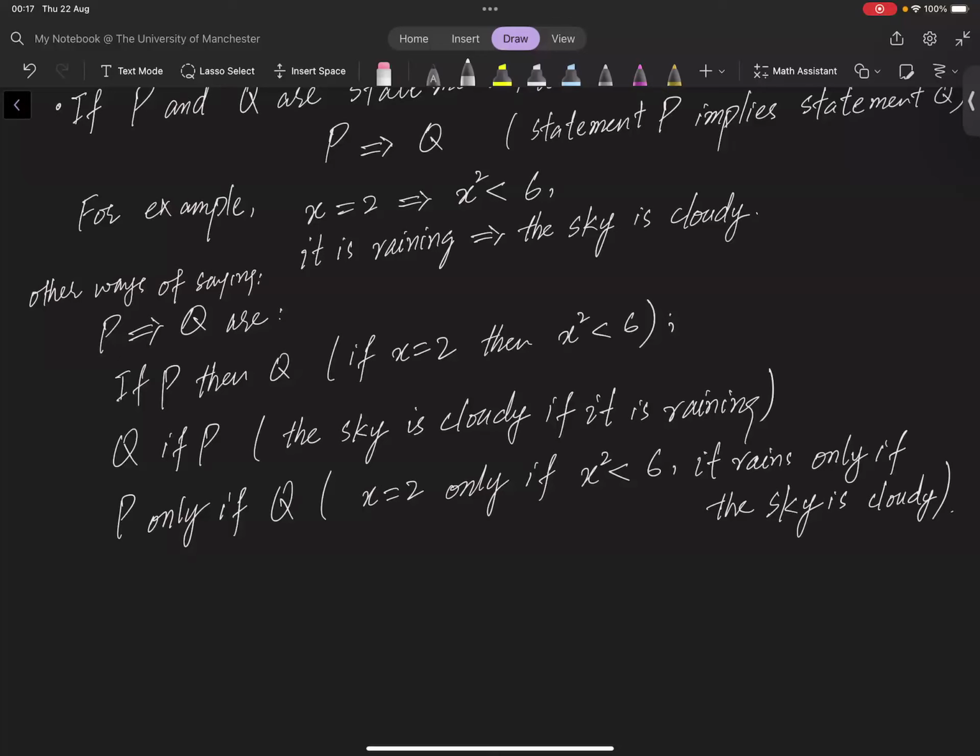So these are all the ways to say that. Notice that if P then Q does not mean that also Q then P.